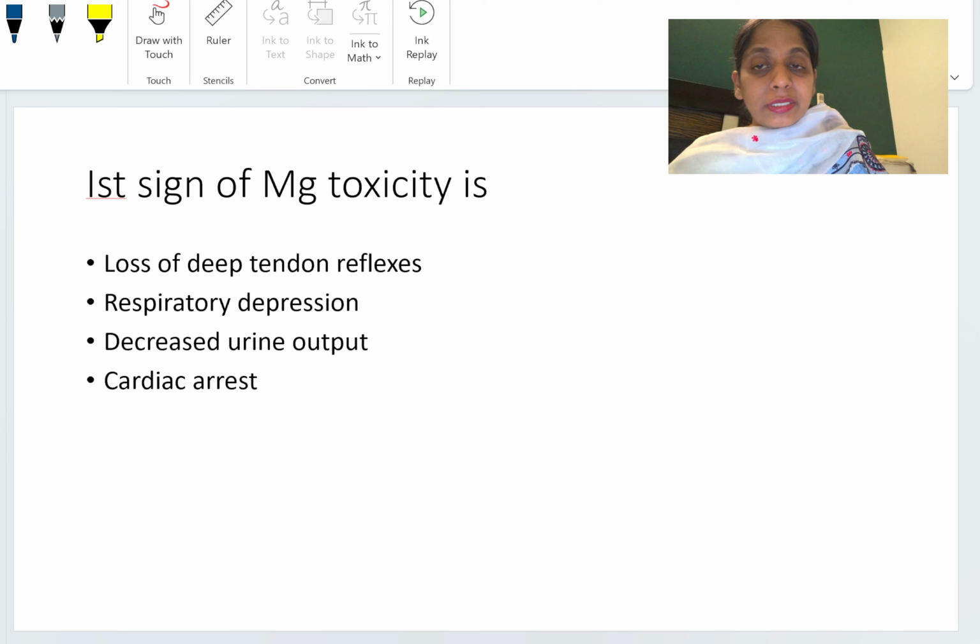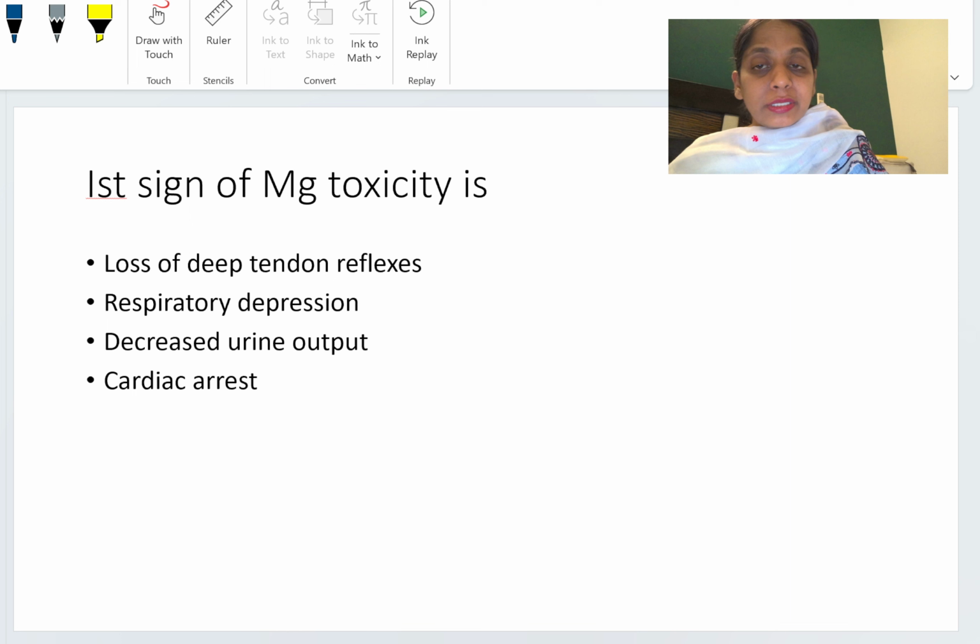If the serum concentration is in the 8 to 12 milliequivalent per liter range, then the deep tendon reflexes are lost. Okay, and if it is 12 to 16, then there is respiratory depression. At the range of 25, there is cardiac arrest.